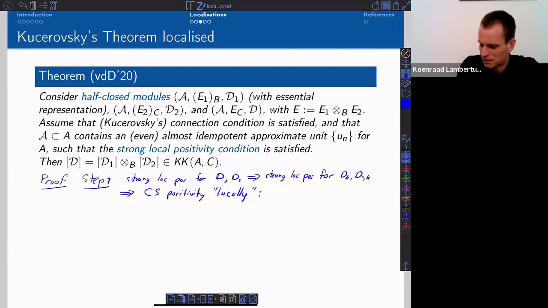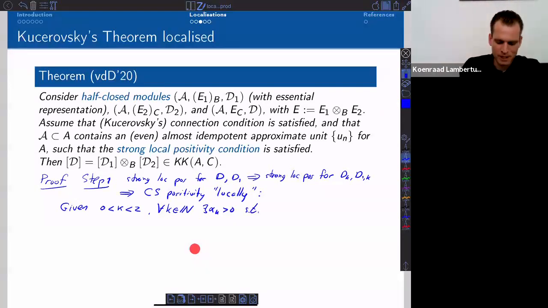So to be precise, we fix some constant kappa, which we have in the condition of Kucerovsky. And then for every k, we show that there exists a positive number alpha_k, such that we have, roughly speaking, Kucerovsky's positivity condition on the support of chi_k.